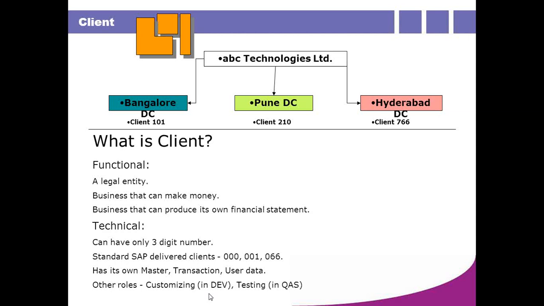And 001 is the copy of 000. Since you don't want to modify 000, SAP gives the copy of 000 in terms of 001, the native version. But even though it is a copy, we never touch 001 either, because we will build our own client as per our business requirement, and we will create, build and customize that.